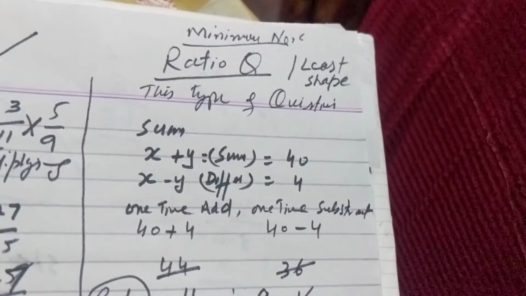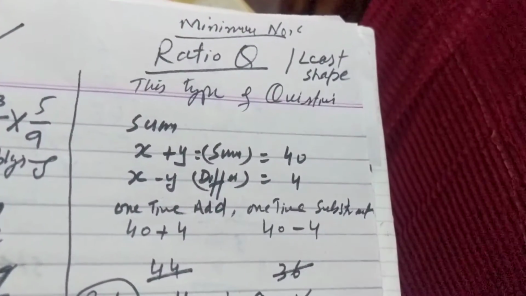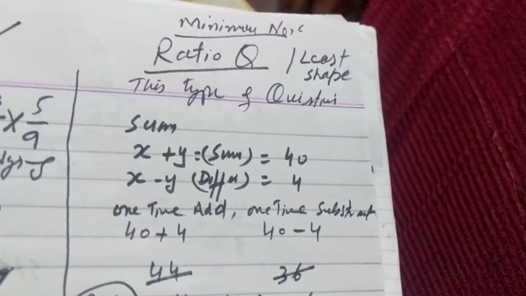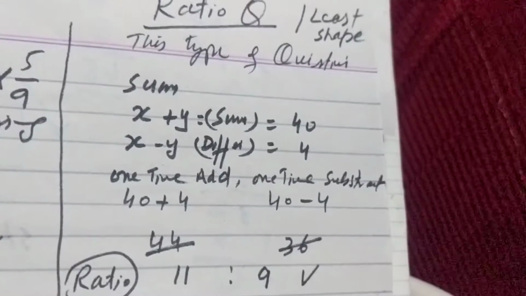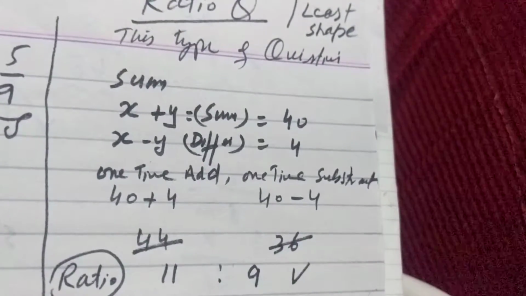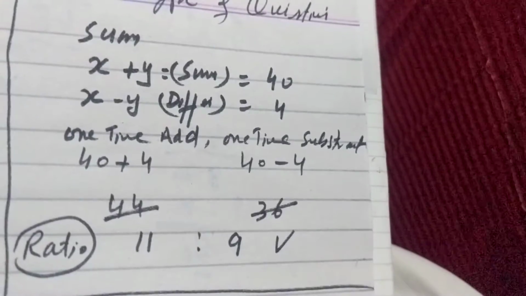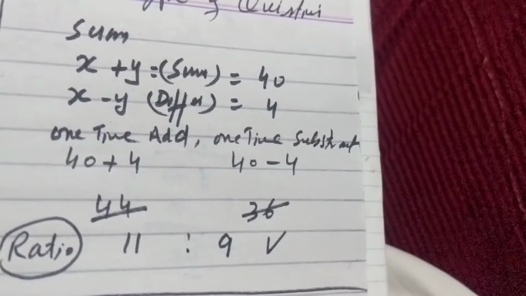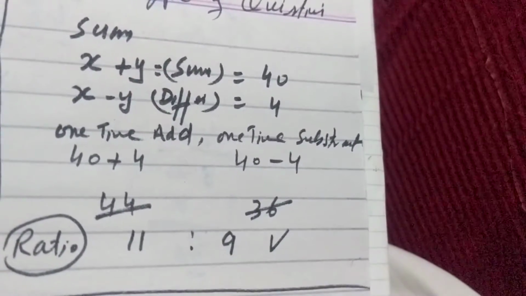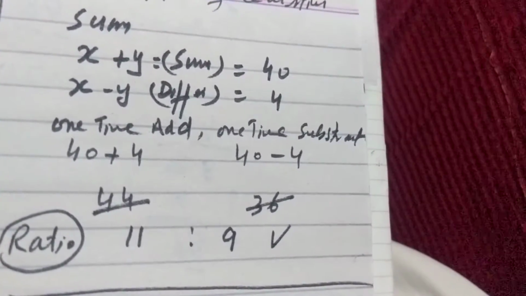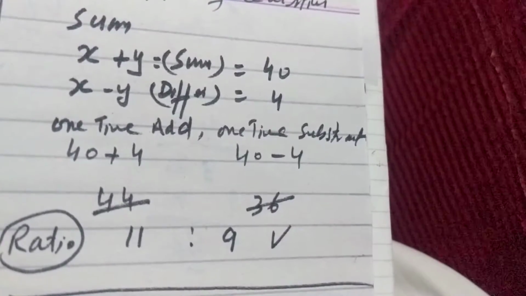Another way to solve this question in a shorter way: the sum x plus y is equal to 40, whereas the difference x minus y is equal to 4. Thus, by one time adding 4 and one time subtracting, 40 plus 4 is equal to 44, 40 minus 4 is equal to 36.